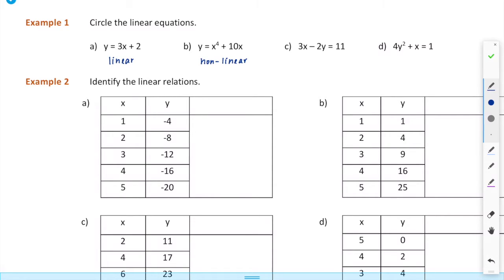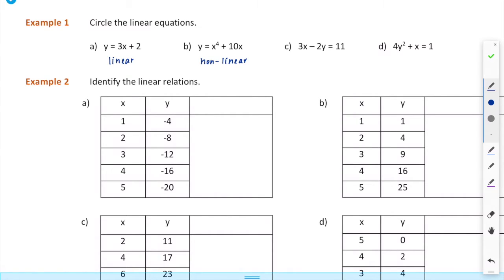How about 3x minus 2y equals 11? It's not that hard to tell, right? So even though it doesn't look like y equals mx plus b, all I have to do is look at, okay, y has degree 1.